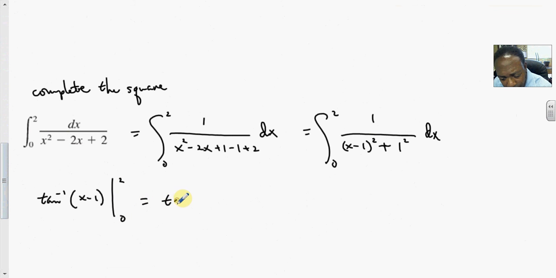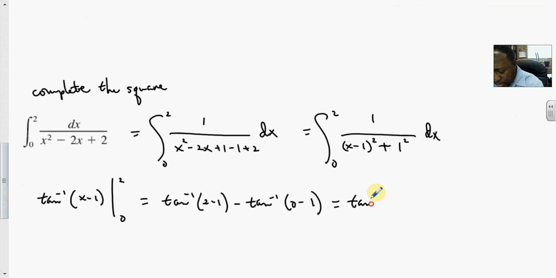So we get tan inverse of 2 minus 1 minus tan inverse of 0 minus 1. So this is tan inverse of 1 minus tan inverse of negative 1.